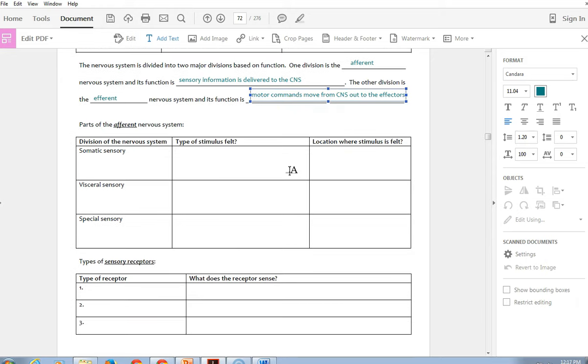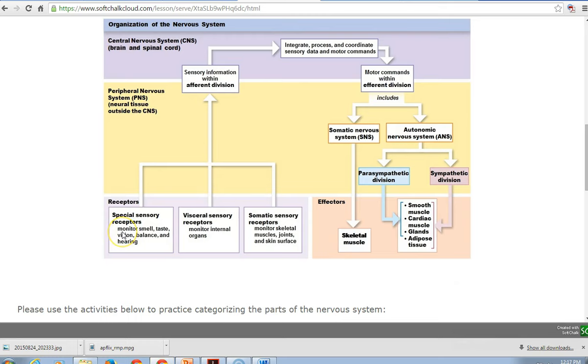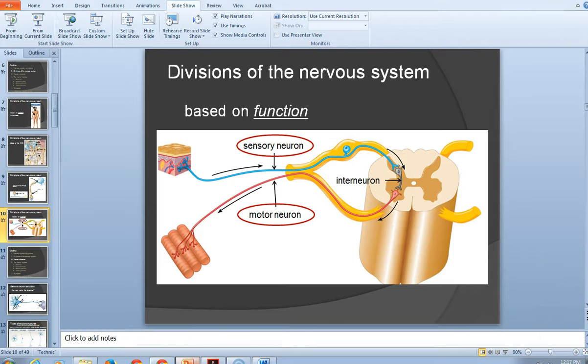Okay, and then right here, these are parts of the afferent nervous system, so this is all sensory division. You should be able to look right here and put what sensation is coming in and where it's coming in from. These two are showing where it's coming in from.